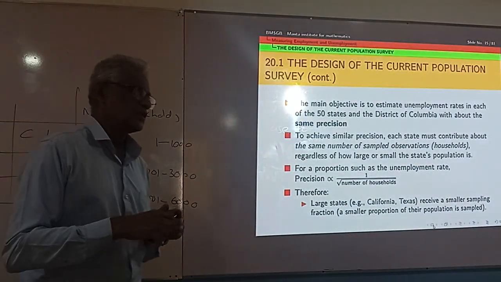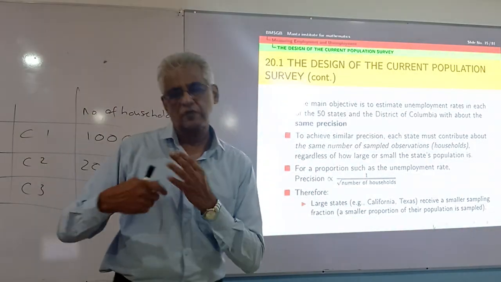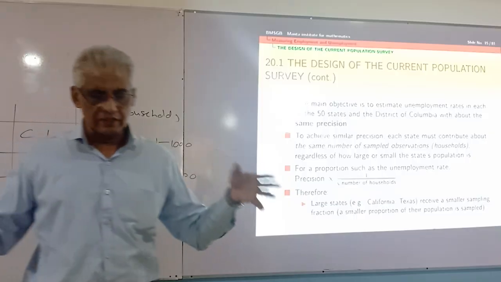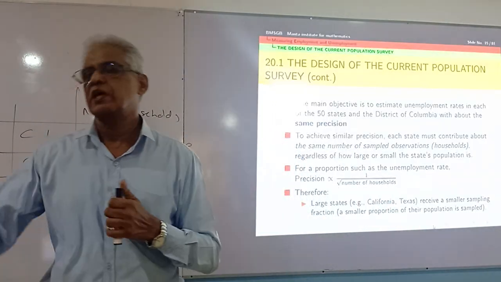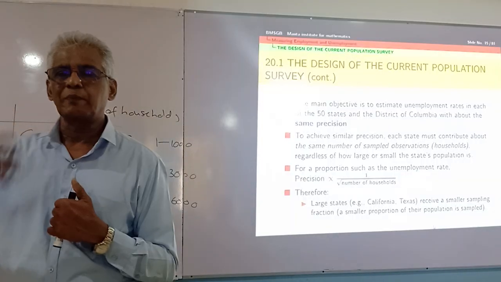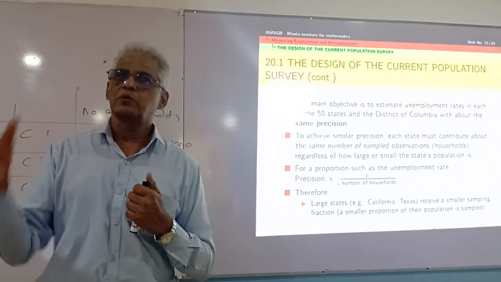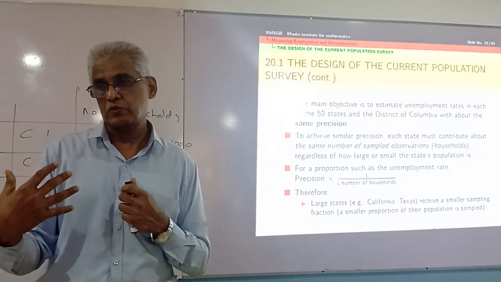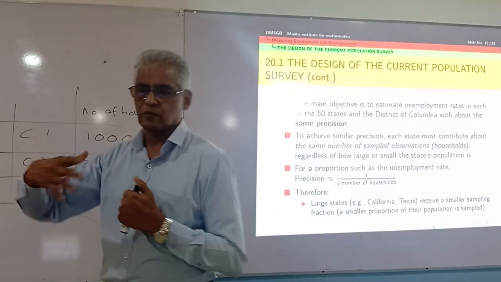So once they have decided the number of households coming from each state, for example, the numbers are roughly the same from each state. Therefore, the sampling rate, if somebody quotes a sampling rate, will be different, because the sampling rate is equal to the number in the sample divided by the total number of households in the state. The total number of households in the state is different from state to state.